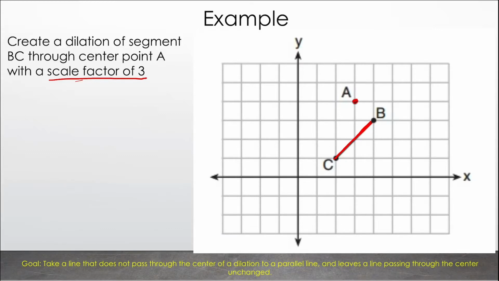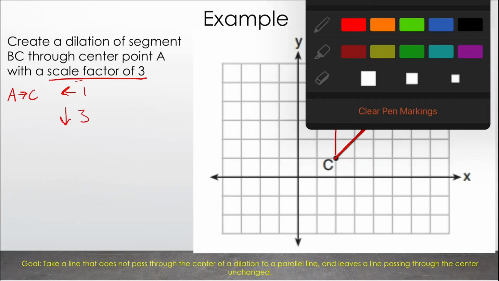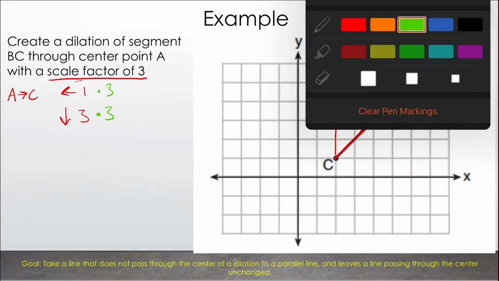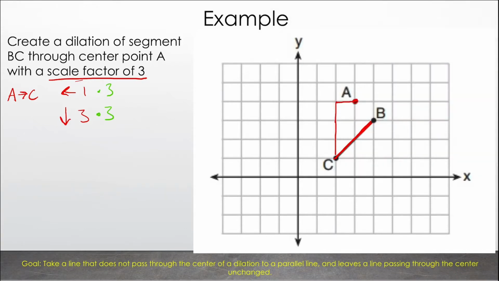To get from A to C, I'm going to start with A and go left by 1 and down by 3. That's what it takes to get from my center point to my point C. I need my new point to be 3 times bigger, so I multiply each of these movements by 3.